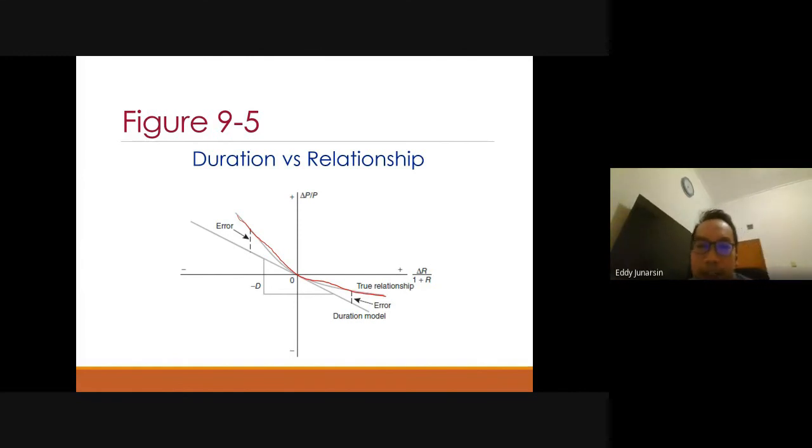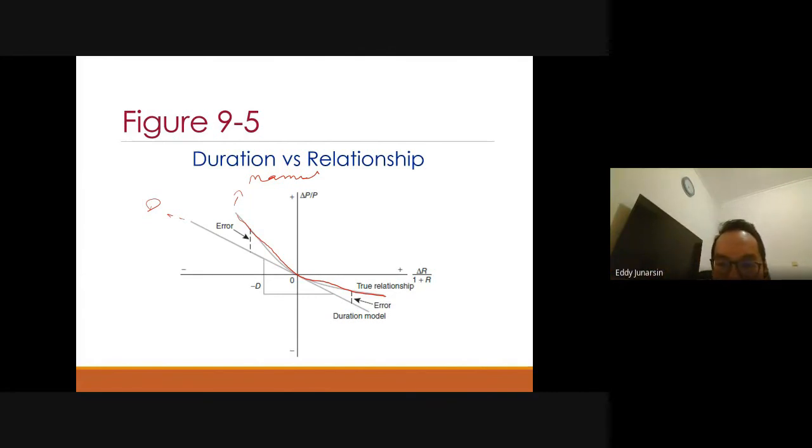This is convex, you see the convexity there. It's not a perfect line, not a linear line, but a convex line. But this straight line here is based on the duration method. And this one, the convex line, is based on the manual calculation of the change in asset value because of the change in interest rate.